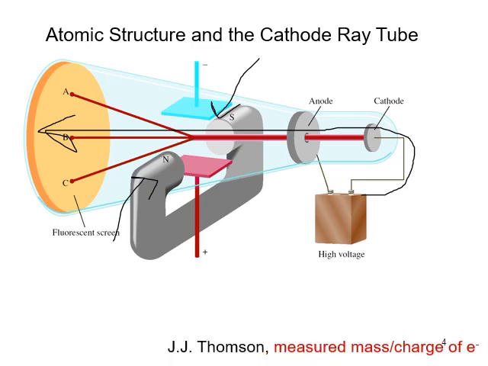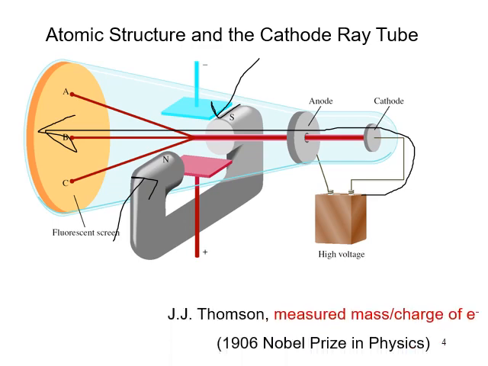What Thomson did is that he tweaked this electric field and the magnetic field such that the beam hit this spot. And from doing that, he could figure out the charge to mass ratio of an electron. So the cathode rays were determined to be electrons, and those electrons were determined to have a negative charge.